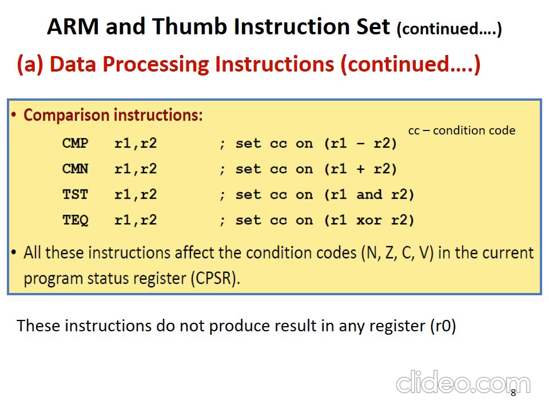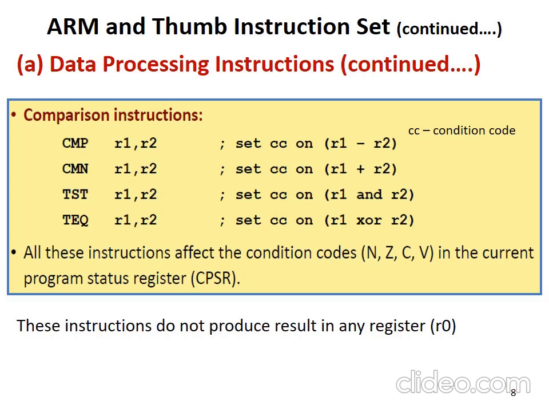CMN compare negate, that is R2 is negated and then it is compared with R1. So R1 minus of minus R2, that is R1 plus R2. And TST test R1 R2, that is R1 register contents and R2 are ANDed, and depending upon the result, the conditional code's flag is altered.